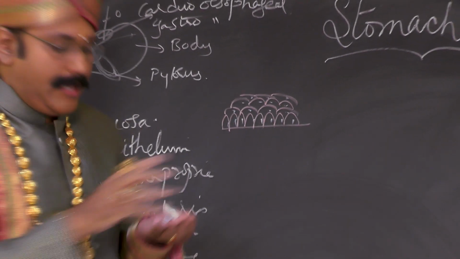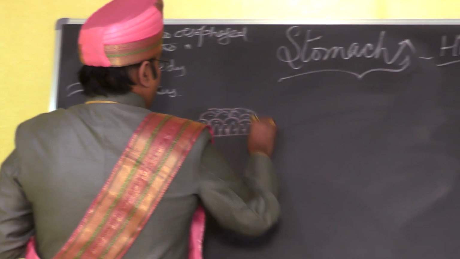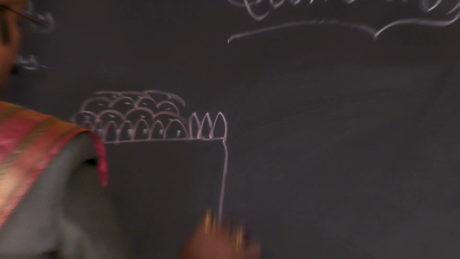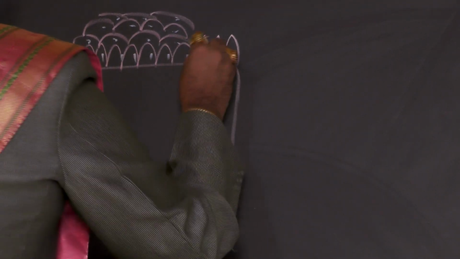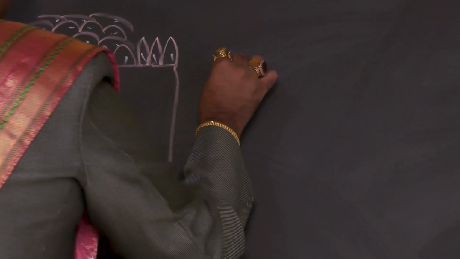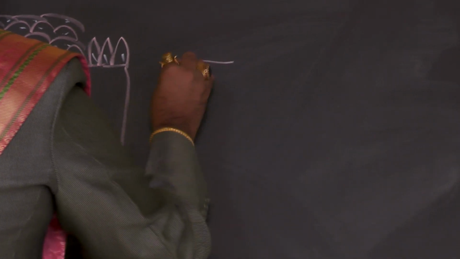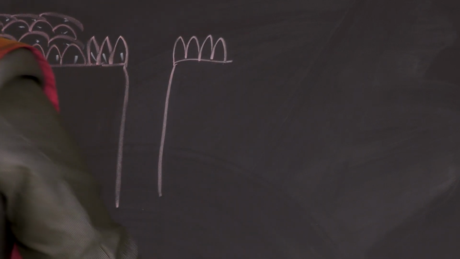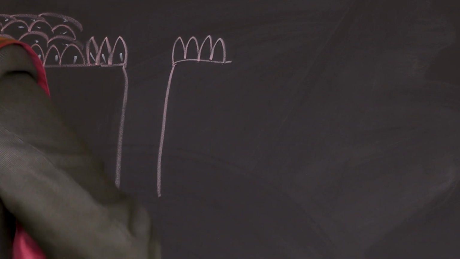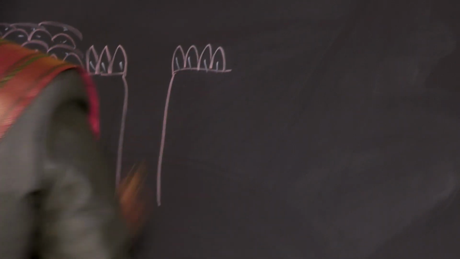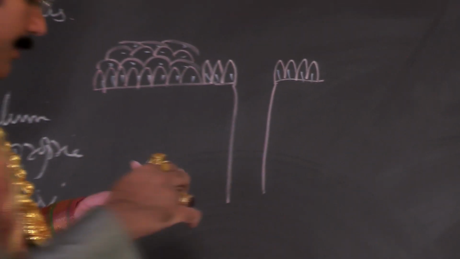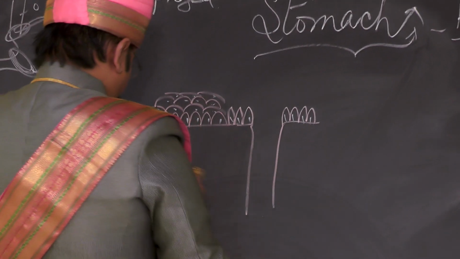Abruptly it is going to turn columnar. The layer is now becoming columnar. And here if you observe, the epithelium will dip into the lamina propria. This epithelium of the gastroesophageal junction is dipping into the lamina propria.